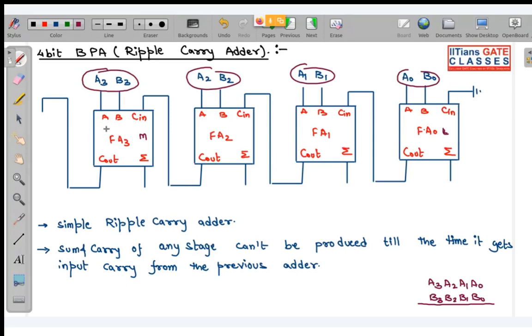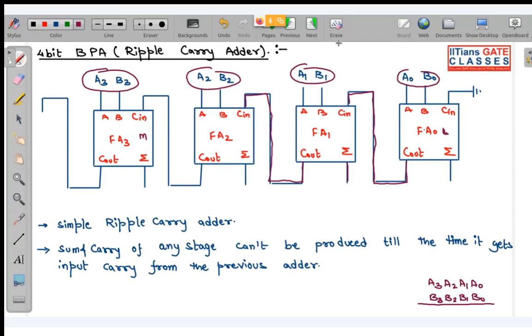So immediately the Cout will be generated and propagated to the next full adder, the next bit. Immediately it will get all 3 inputs and produce the sum bit, and the carry out will be generated. Like this it will continue. This is your rippling effect. So that is why the name ripple carry adder.